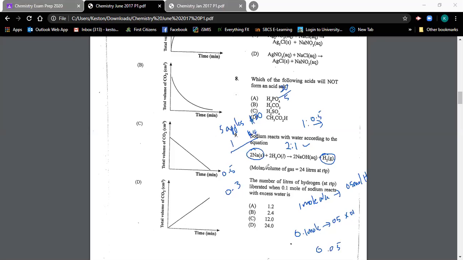Right, and we're looking at 1 mole. 1 mole is 24 liters. So 0.05 moles will be 24 by 0.05.